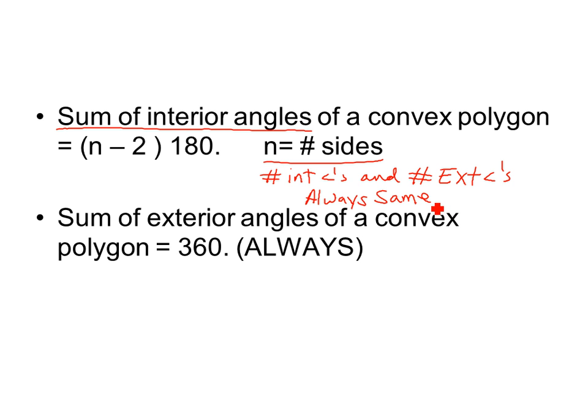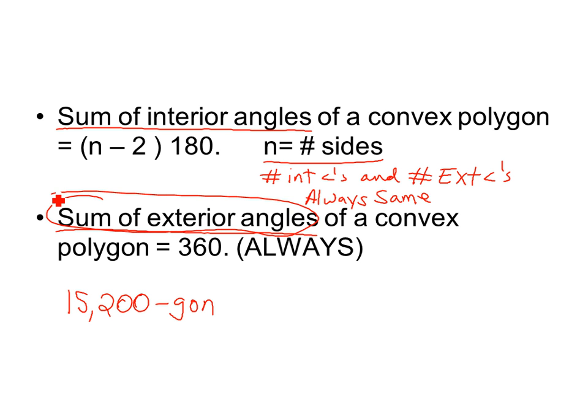The sum of the exterior angles, and we're going to do a couple with this formula here in just a minute. I'll probably get a couple of you because I put problems on the test. I'll put a problem on the test that will say something like, you've got this shape that's a 15,200-gon, and I want you to find the sum of the exterior angles.